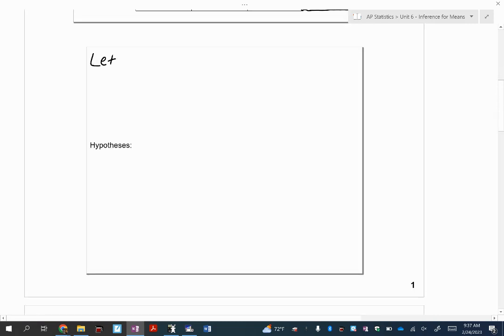We're still talking about means, but I'm going to use a subscript of D for difference.